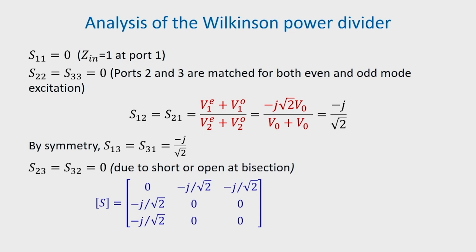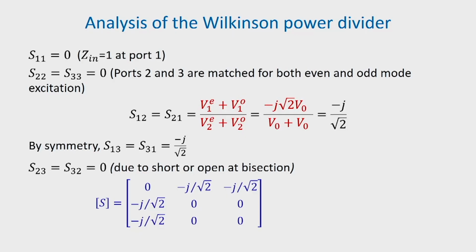So, please note that a Wilkinson power divider has a lossy element, a resistance 2 Z naught connected between port 2 and 3.